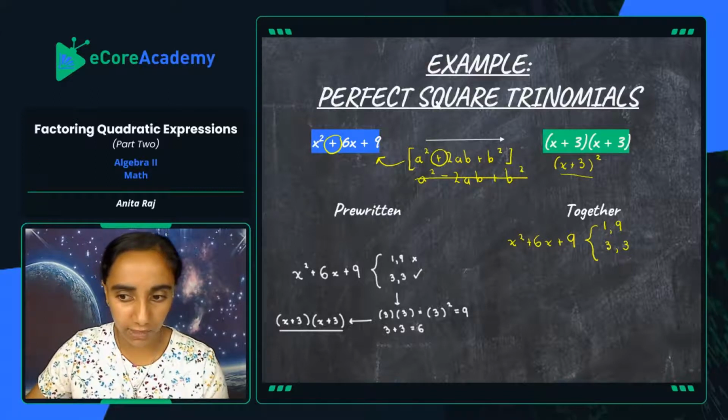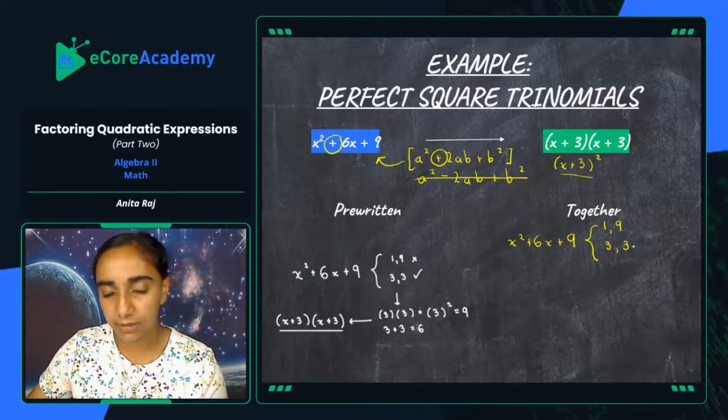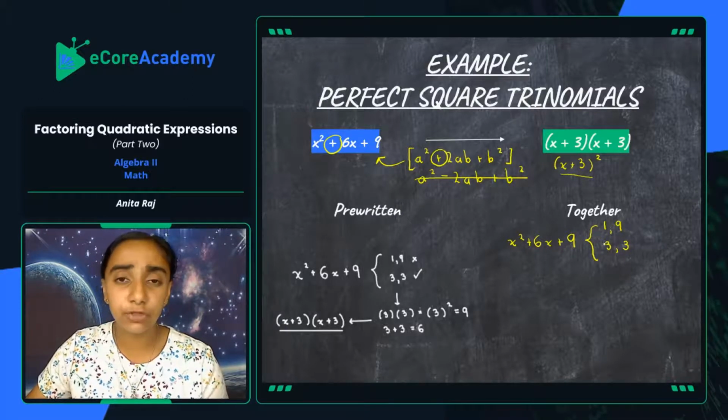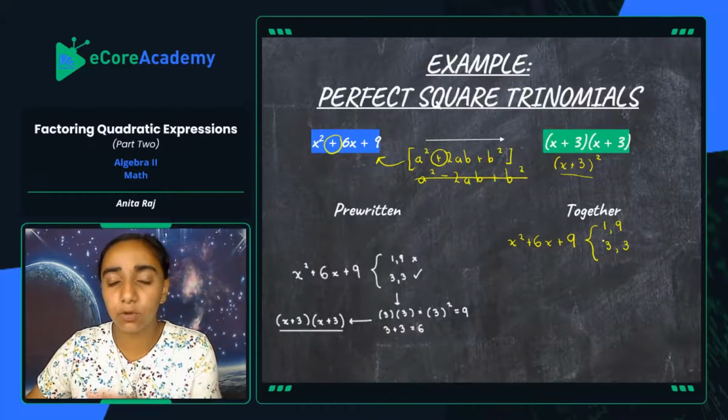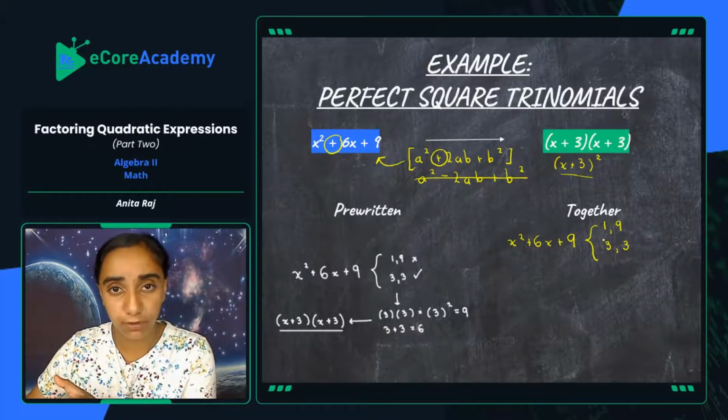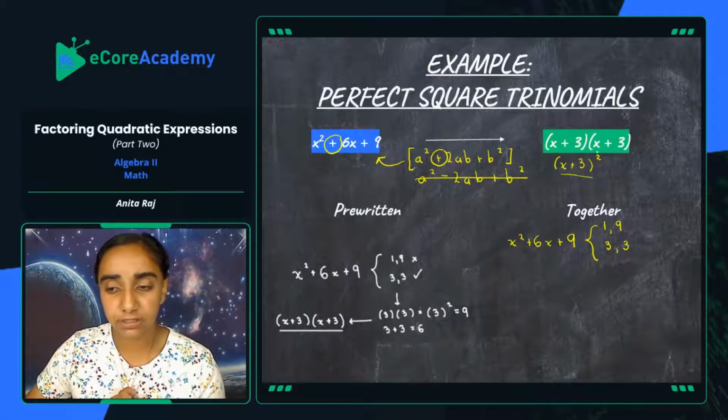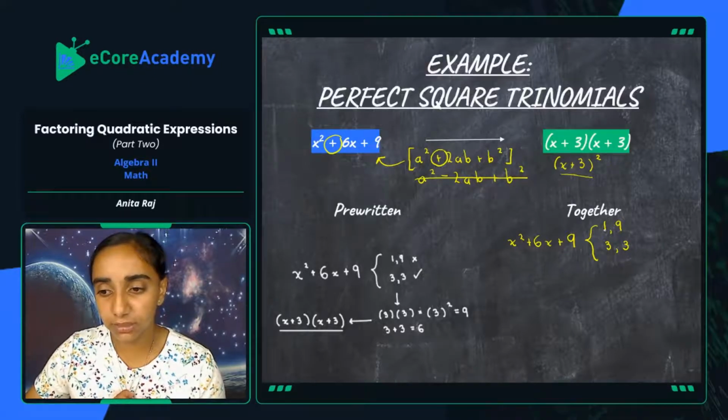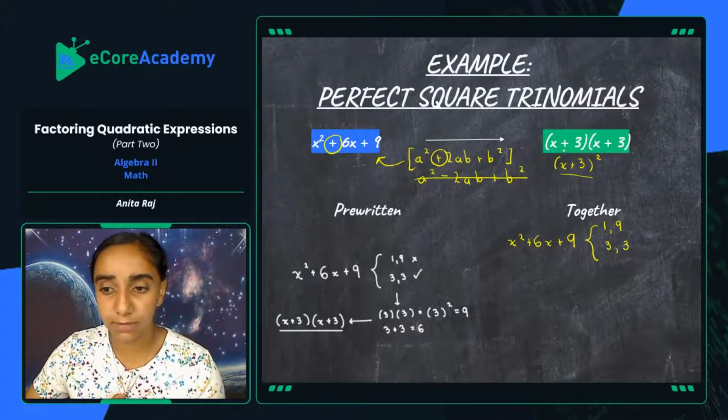That's what we reviewed in the last video. So if we had positive 3 and positive 3, multiplied together they equal 9, added together they equal 6. Therefore, we'll have a 3 in one set of parentheses, and a 3 in the other set of parentheses. So that's where we get x plus 3 times x plus 3, because you're putting the same number in both sets of parentheses with both x's.